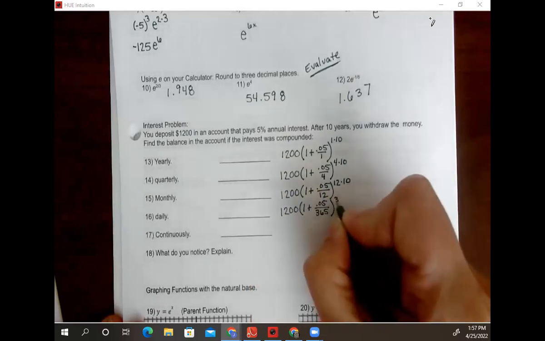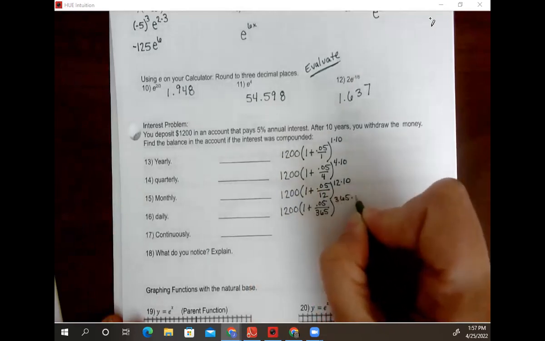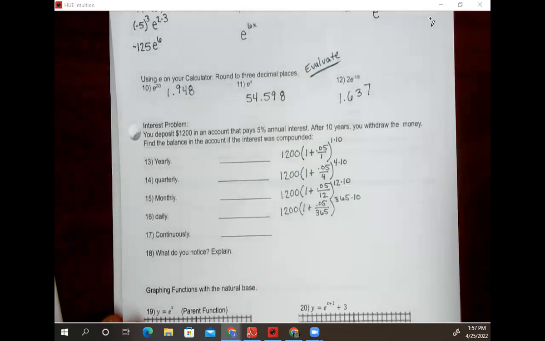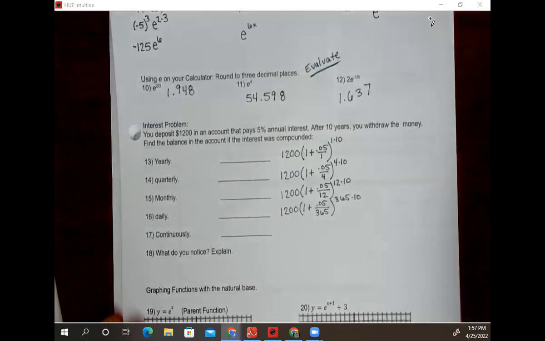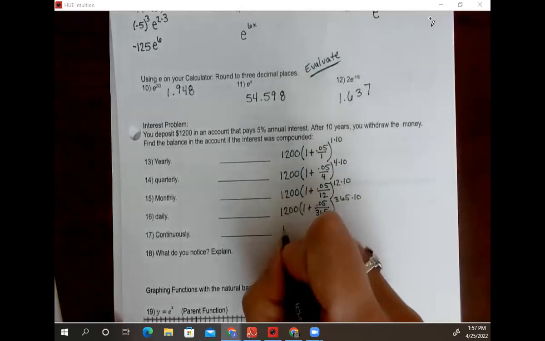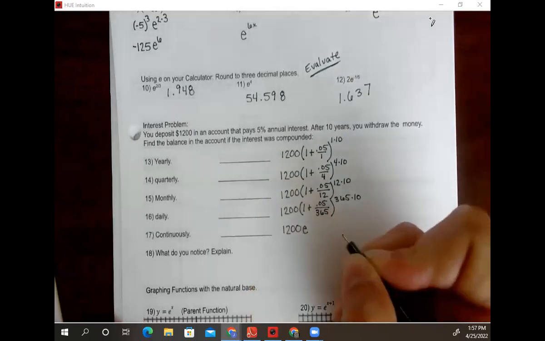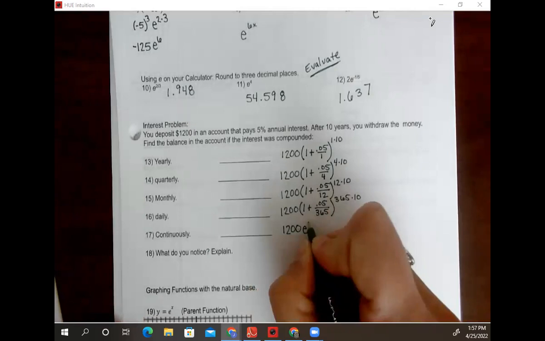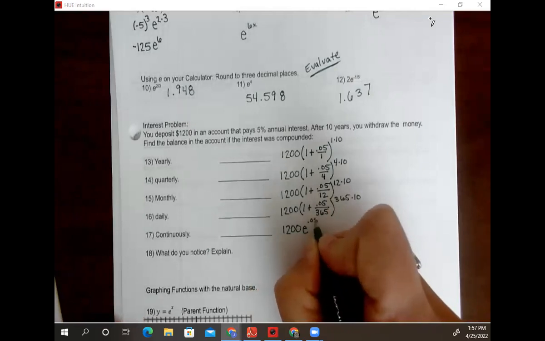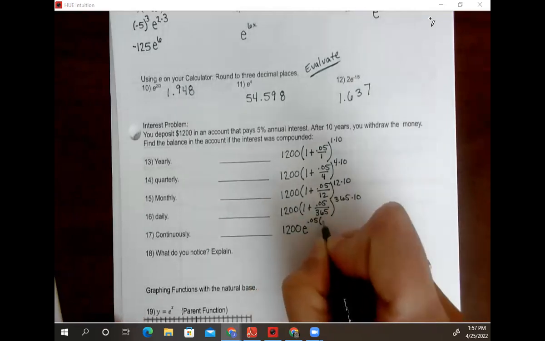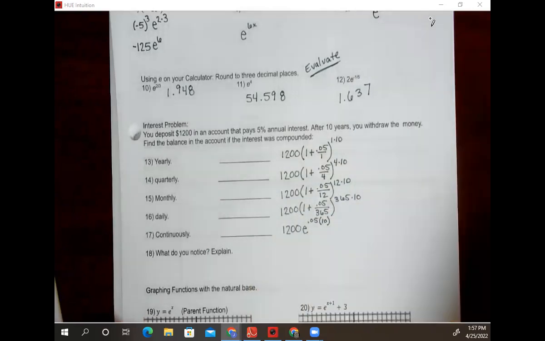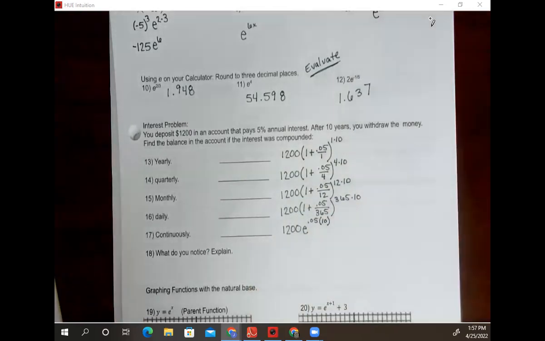And then in my exponent, 365 times 10. Continuously is where things change a little bit. I would have my $1,200 times E, and then my exponent on E would be the rate times time, times my years. So we're going to go to our calculator and type these in.